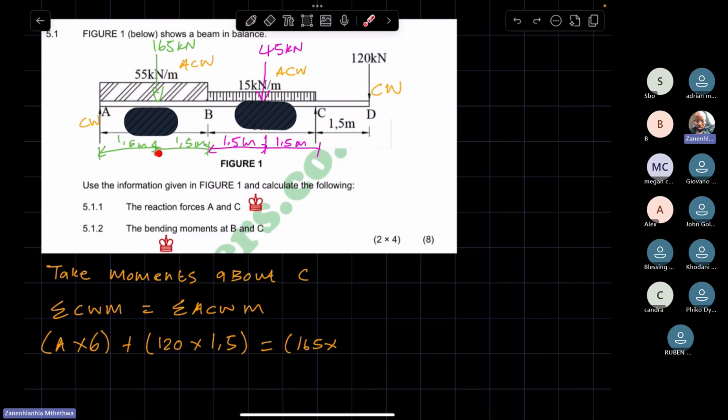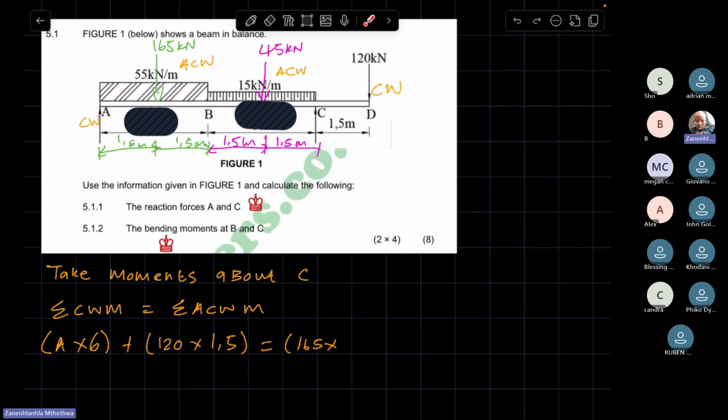Now, this is why if you have a UDL, it is important that you resolve it into its weight. Once you have resolved the UDL into its weight, you then rework the distances to make it easier when you are taking moments. We know that this is acting at 1,5, which is half of the UDL.